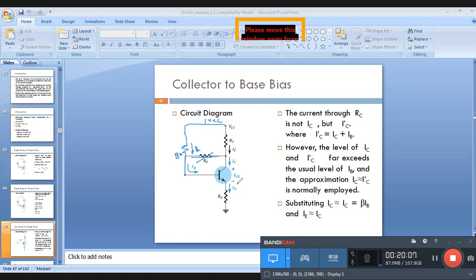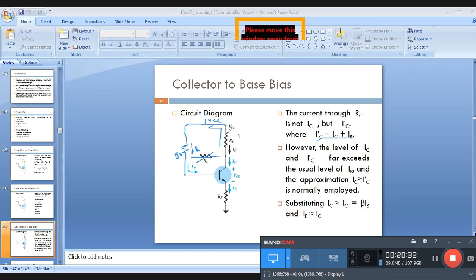In reverse bias, VC is equal to 0.3 and VB is equal to 0.7. When you apply the voltage through the collector terminal, the collector current is IC dash, which is equal to IC plus IB.